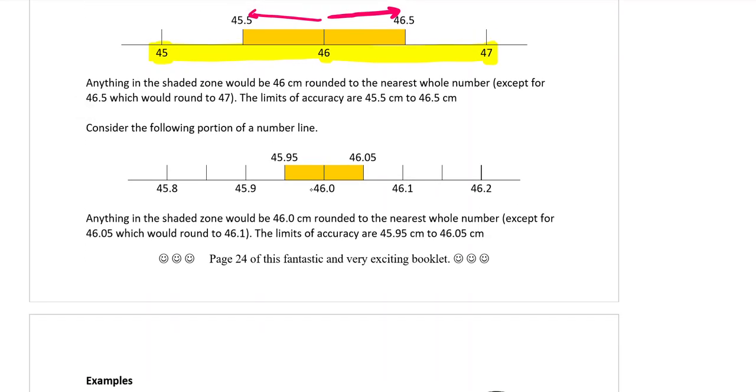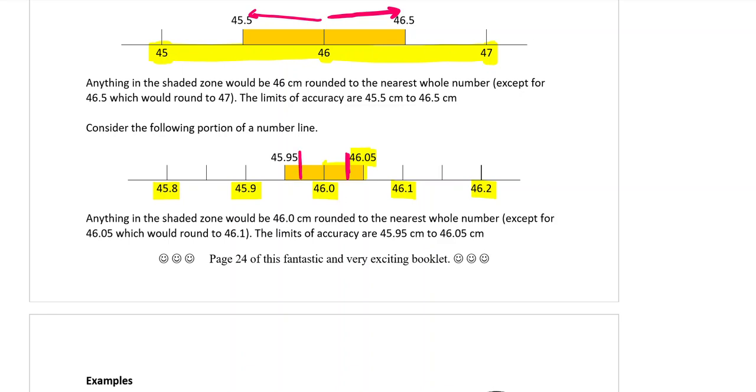So we have 45.8, 45.9, 46, 46.1, 46.2. So if I've measured things to the nearest 1 decimal place, then all the way up to 46.05, anything up to there, so a line in here, it would round to be 46. Or anything half a space down would round up to 46.